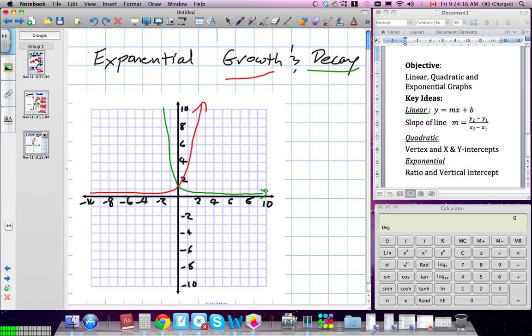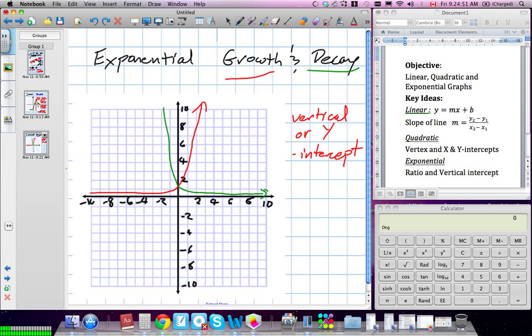Okay, so again, we've drawn two graphs, exponential growth and exponential decay. There's a couple instances where we're going to need to use these. Again, some of the major things you need to know is you're going to have to find the vertical or y-intercept of these graphs.